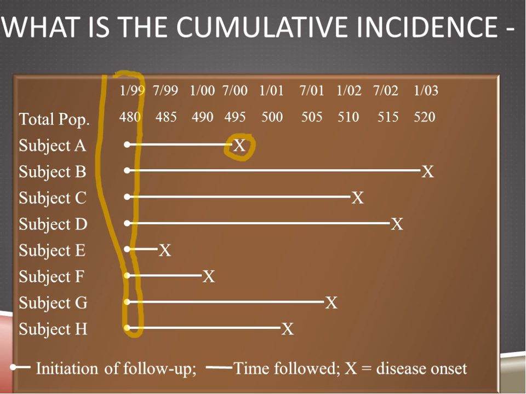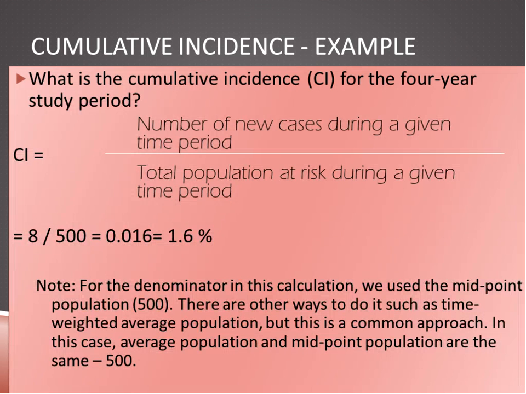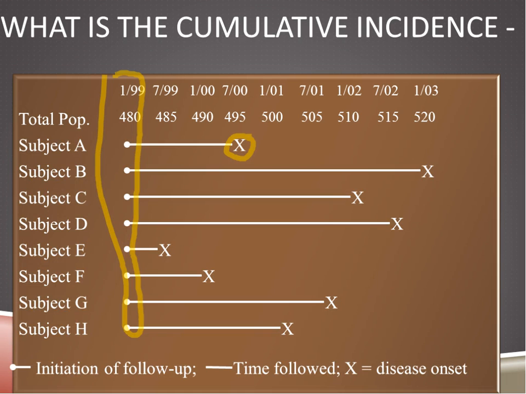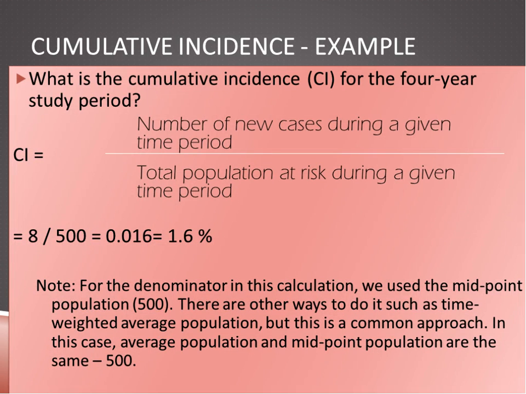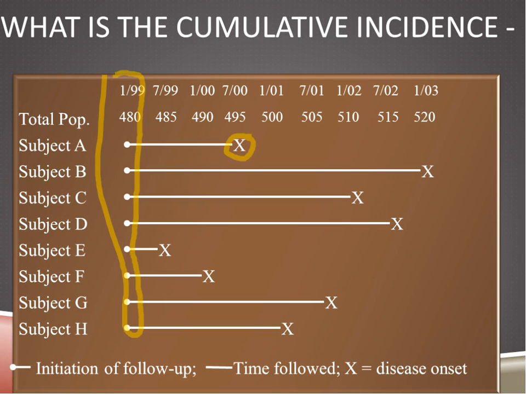And if there's no data, we followed them from the start of the study to the period of time in which the person developed their disease. And so the question is, and I gave you the answer on the other side, what is the cumulative incidence for the 4-year study period?